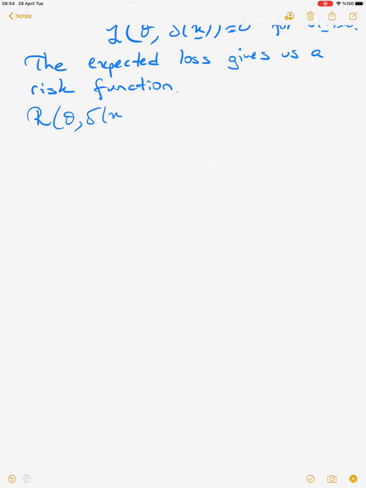It's again between theta and delta x, and this is an expectation of L of theta and delta x, and on the parameter space we need to define this loss function. Okay, so we need to find the minimum value of this.